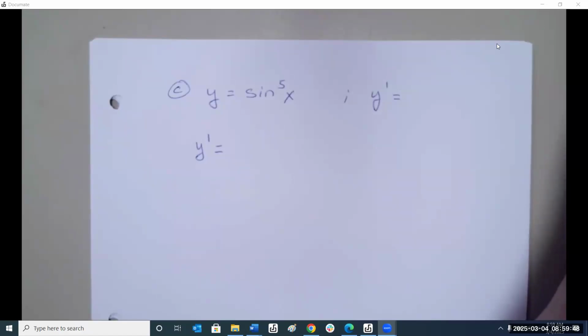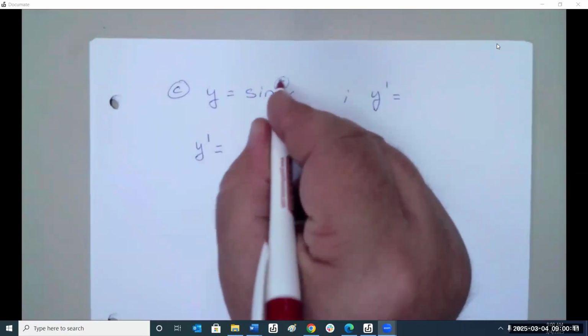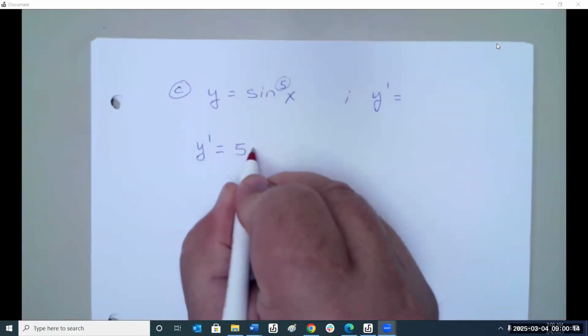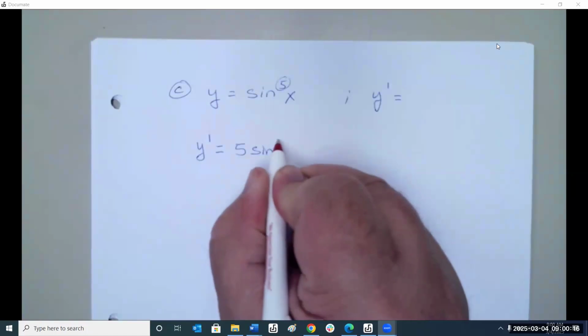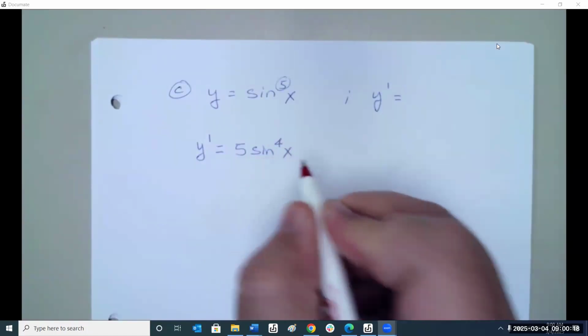Can we use the chain rule here? If so, what is the chain rule? What does it tell us to do first? Any wild guesses? Yep, take the exponent, put it out in front. So it becomes sine to the what? Because you subtract it.